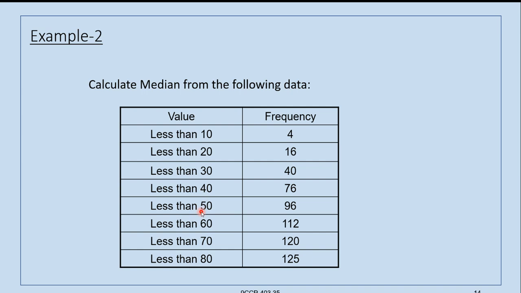So we can understand from the problem that for the class interval less than 20, the upper limit is 20. In the same way, the upper limit is 10 here, 30 here, and 40 here.